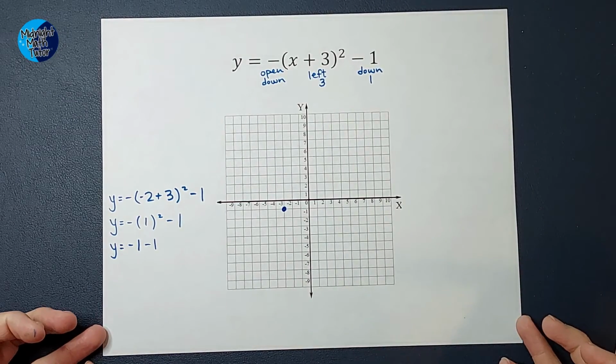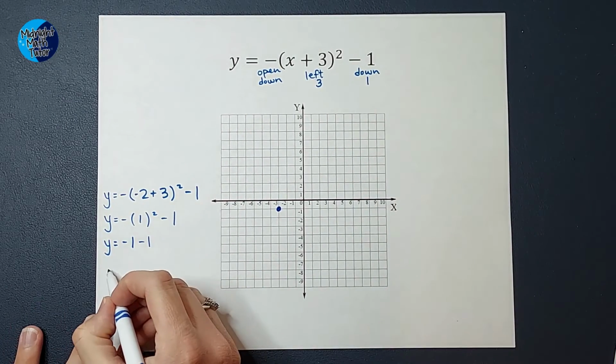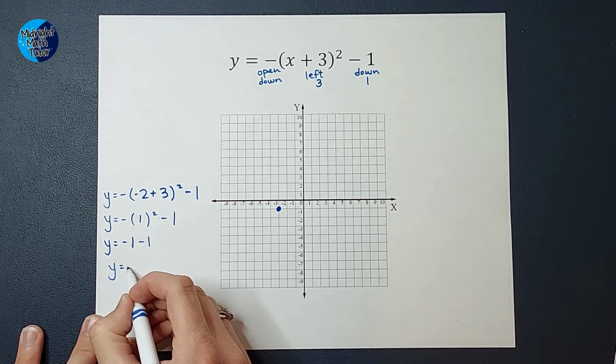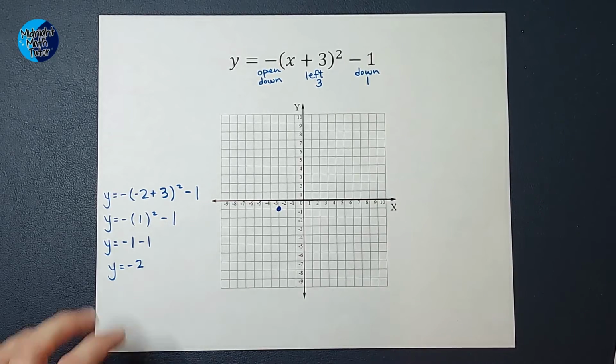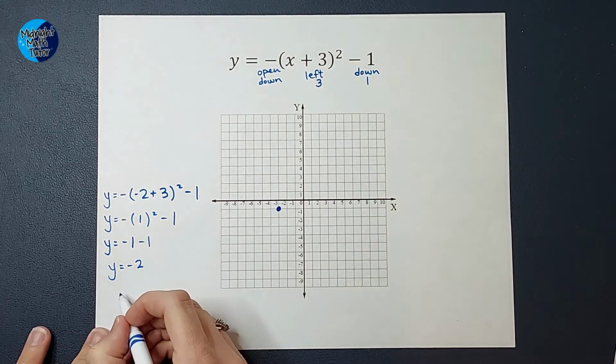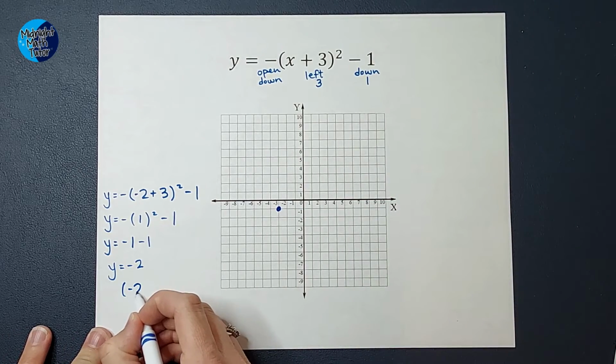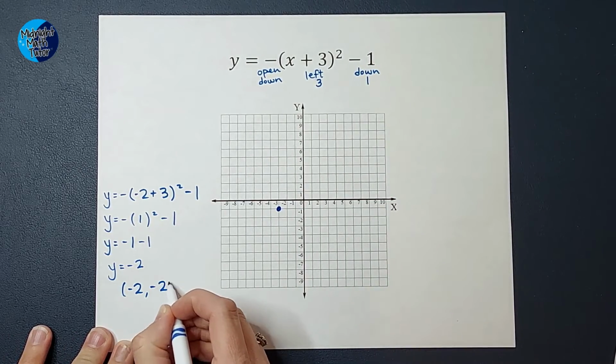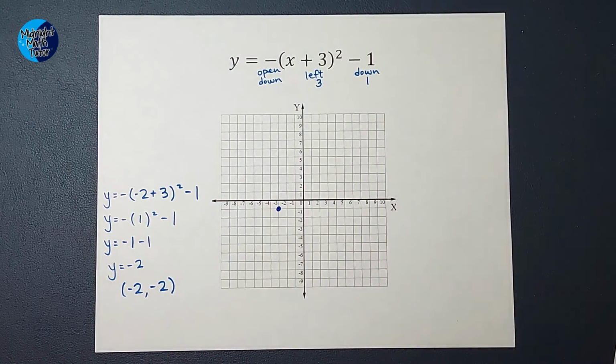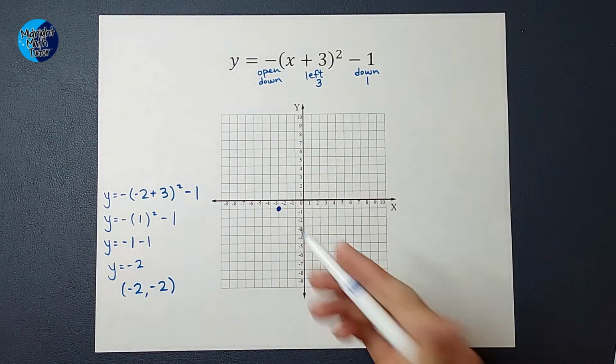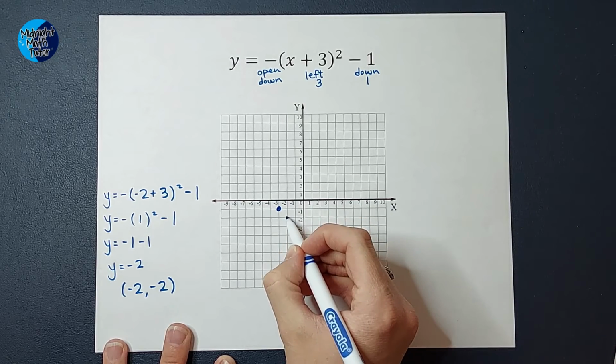When we combine those, I get -2. So when I plugged in -2 for x, I got -2 for y. That's another point on my parabola: -2, -2.